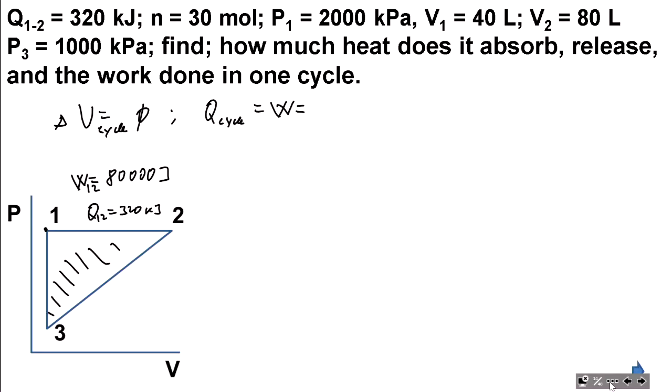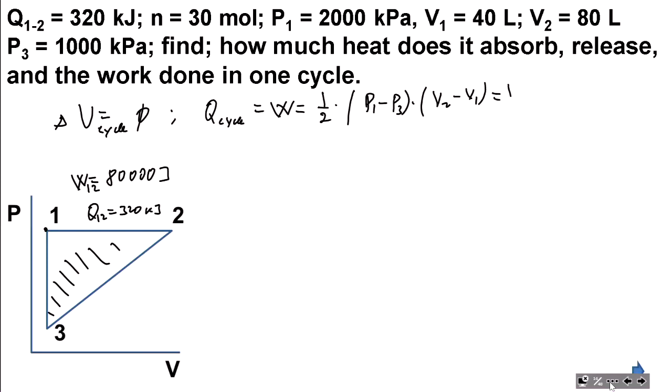That's the area of a triangle. So how do we calculate the area of this triangle? 1/2 height times base. 1/2, so I can write P1 minus P3 times V2 minus V1. That's geometry. It has nothing to do with physics.